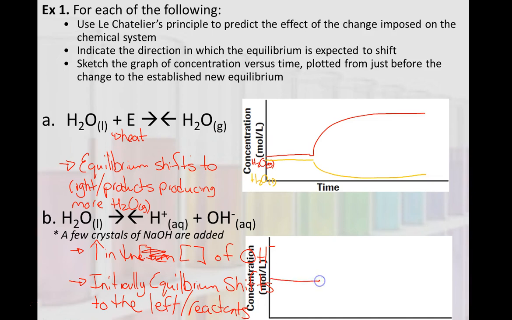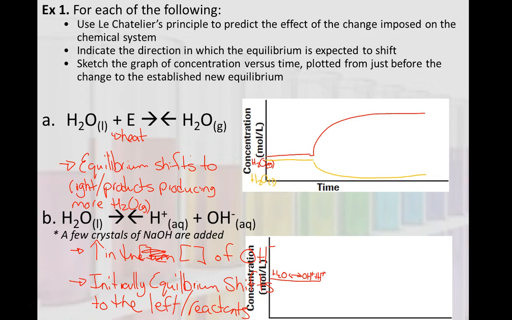So if I had a whole bunch of water here, and water is undergoing this reaction to produce hydroxide and hydroniums no matter what, at the point where I add a whole bunch of sodium hydroxide, what's going to happen?